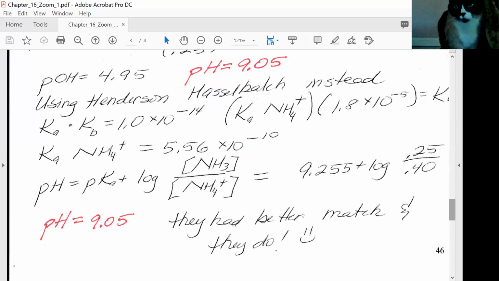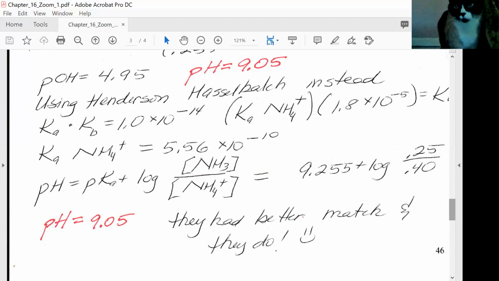So we're going to use the Kb of ammonia, 1.8 times 10 to the minus 5, to solve for the Ka of ammonium ion. We want the Ka of ammonium ion because we've been using pKa for our HH equation. I don't want to complicate matters. The smart people can do different ways, but let's just, us normal people, do it this way.